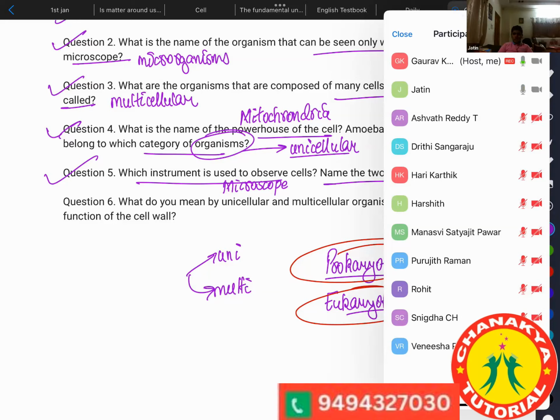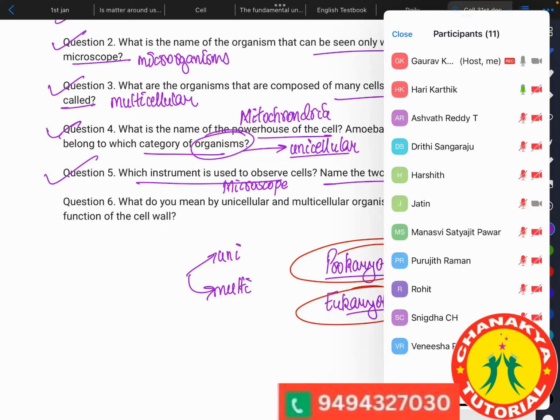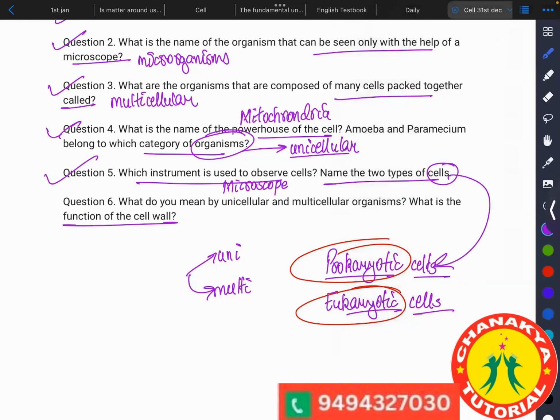Okay, we can say protection, but we need to be more specific. It is a layer that covers the cell, it provides structural strength to the cell. Very good. So the main term which we will be using to describe the cell wall is that it provides structural support.